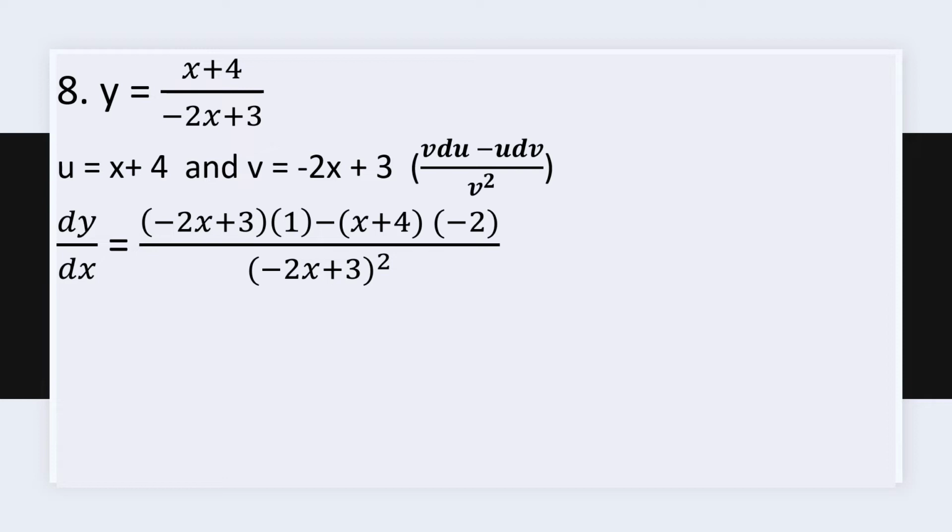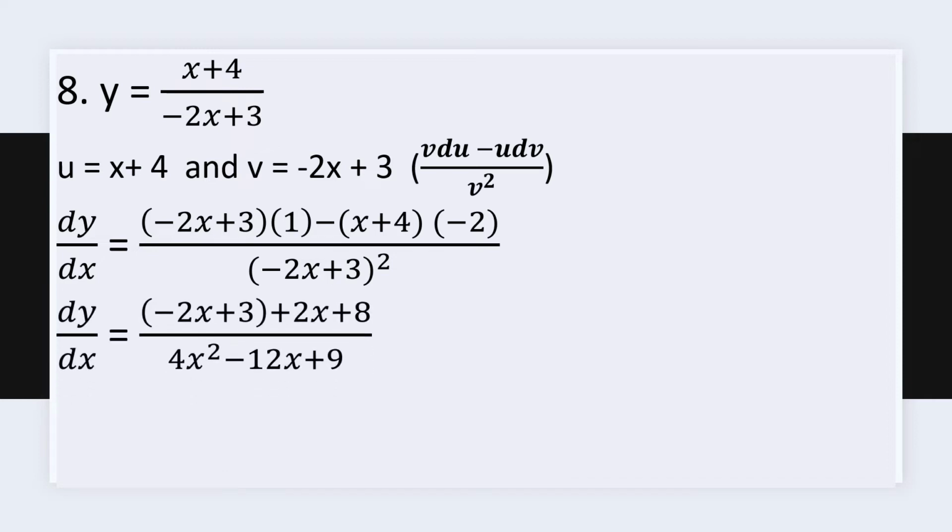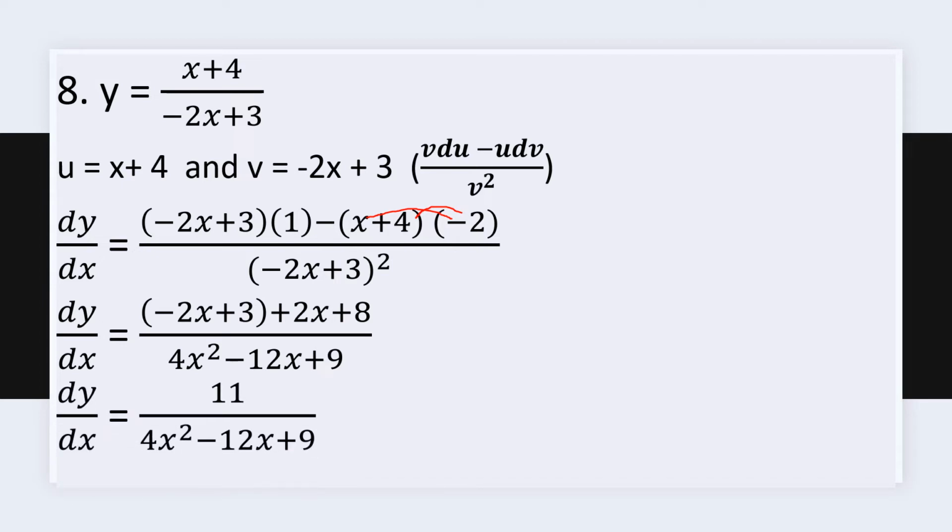Distribute the negative, do not forget. Negative 2x plus 3. So negative 2 times x, negative 2x times negative, positive 2x. Negative 2 times 4, negative 8 times negative, positive 8. Combine like terms, we have 11 over 4x squared minus 12x plus 9. That's it.